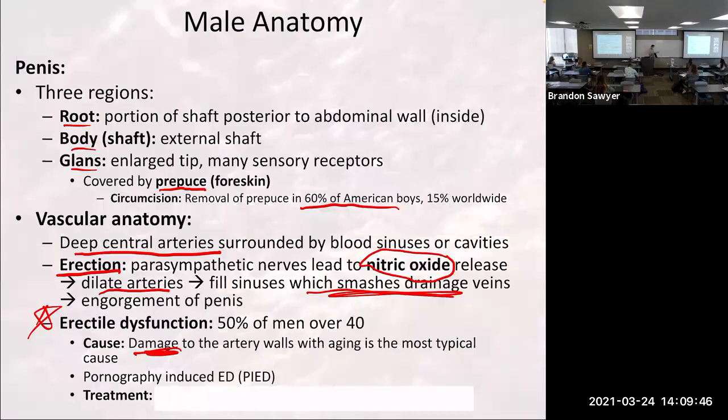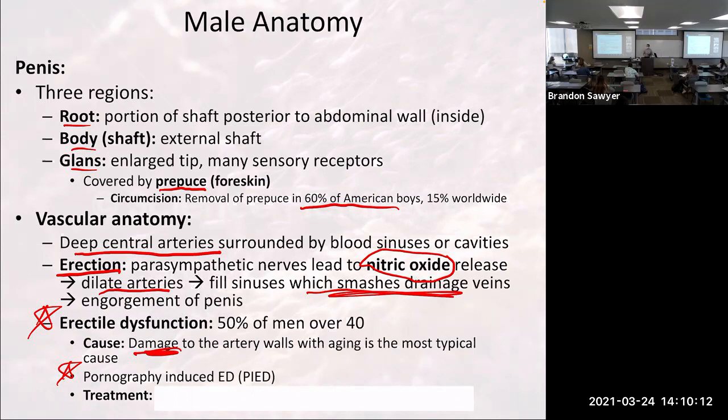One thing that I added to the slides a couple of years ago, as I became aware of the incredible epidemic of pornography in our country, but even on this campus as well, is that a very common problem these days for people who have used pornography throughout their childhood and into their adulthood is called pornography-induced erectile dysfunction.